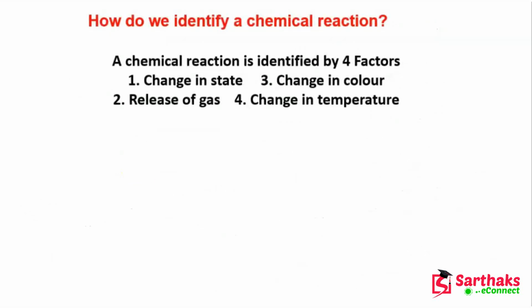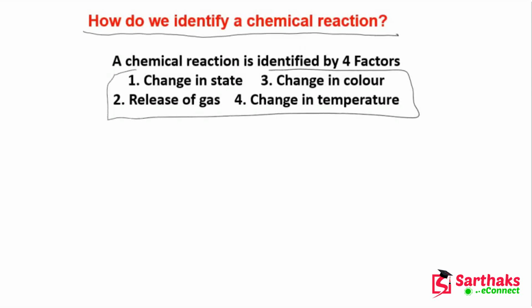Now I will teach you how we identify a chemical reaction. So basically here we will learn how to identify a chemical reaction. For that, these 4 points are written here. These 4 factors are written here.